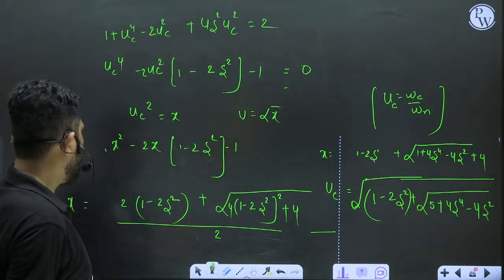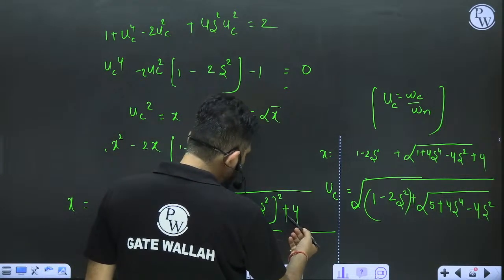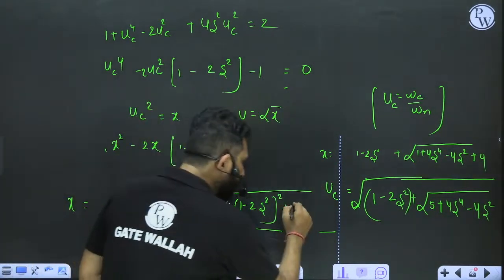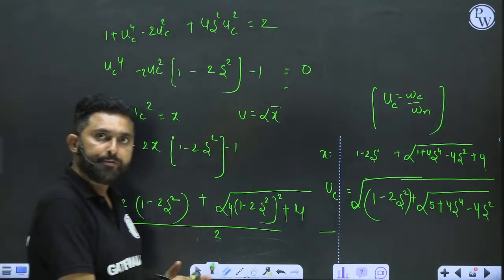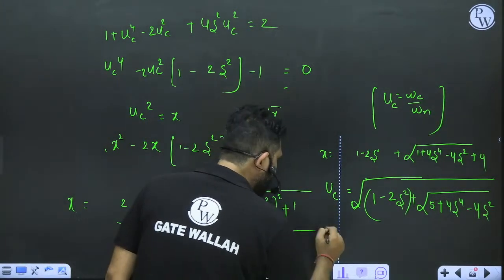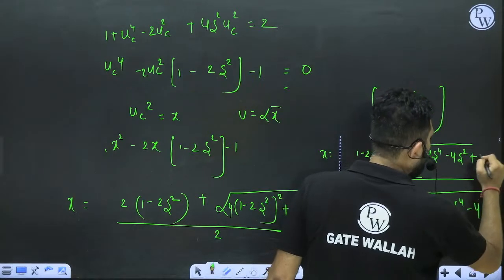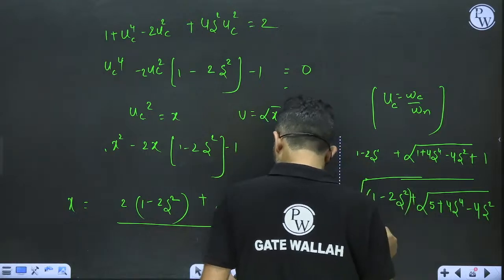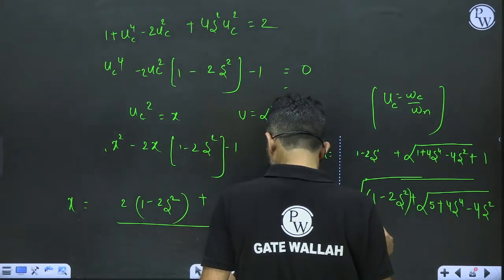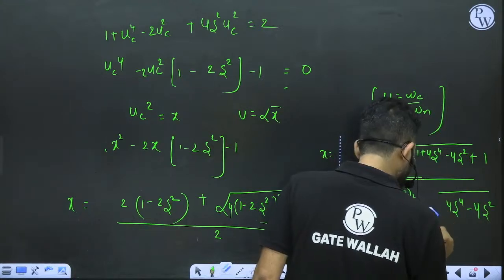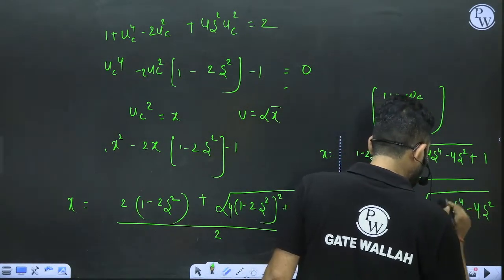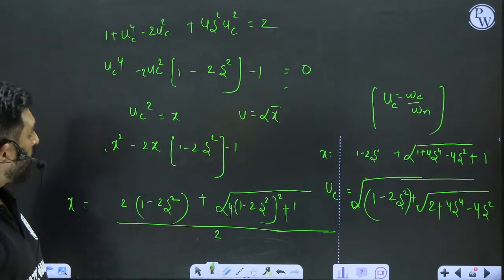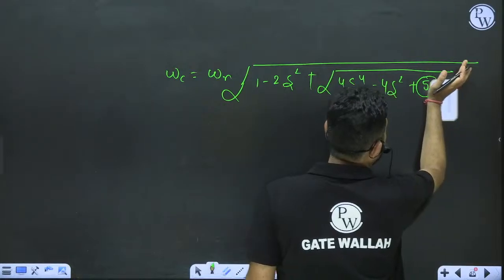So when you take a 4 common, this should be 1 now. One printing mistake. See here, this is 4 and I am taking 4 as the common. So what you left with? I left with 1 now. So this should be 1 plus 1, 2. So this should be not 5, this should be 2.